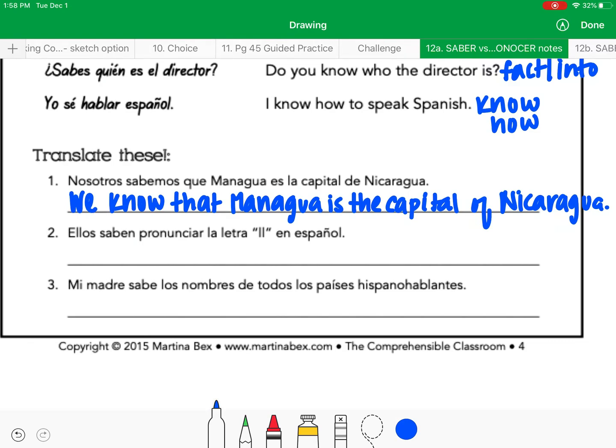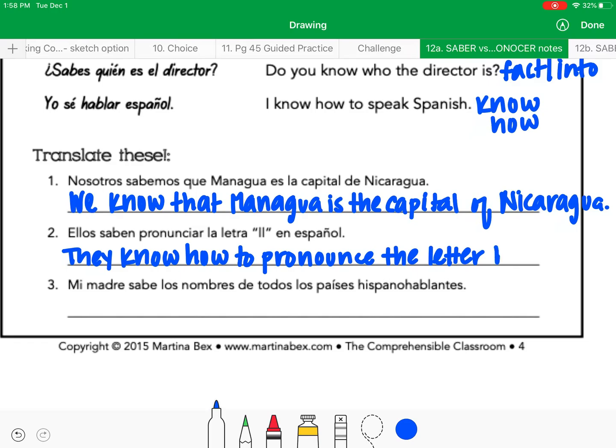Okay, number 2, ellos saben pronunciar la letra L en español. They know how to pronounce the letter L in Spanish. Okay, number 3, mi madre sabe los nombres de todos los países hispanohablantes.